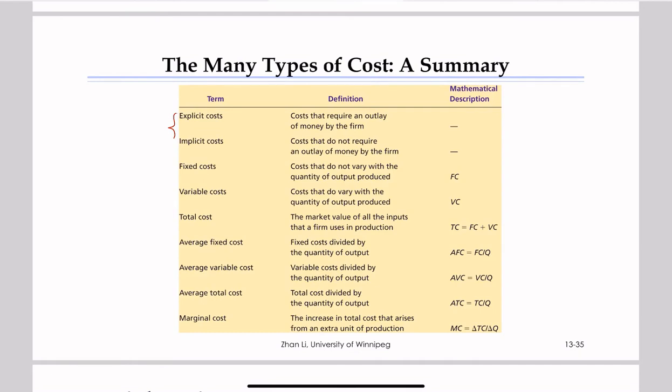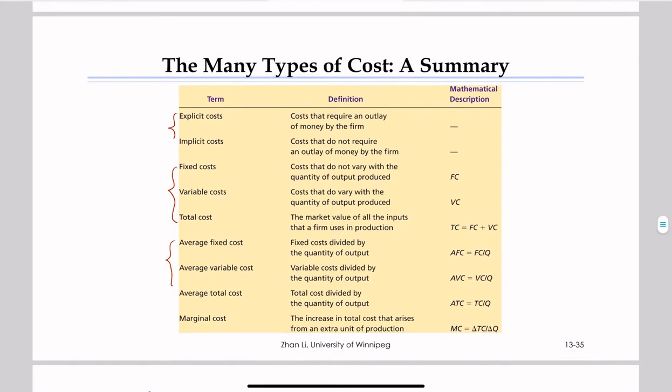And next we have fixed cost, variable cost, and total cost, right? Fixed costs refers to costs which are fixed during the production, right? And variable costs refers to costs which change if you increase or decrease your output. And total cost, by definition, is the sum of fixed cost and variable cost.